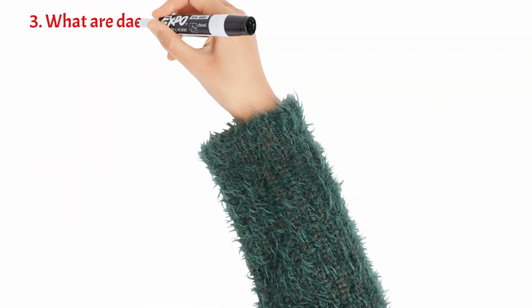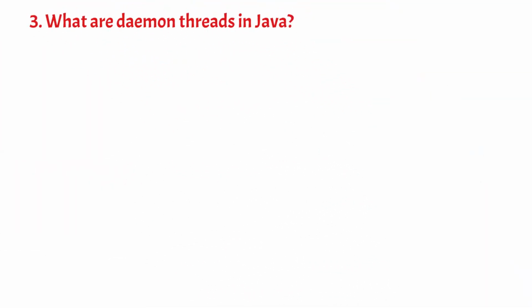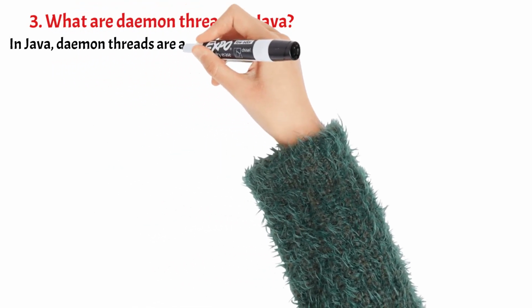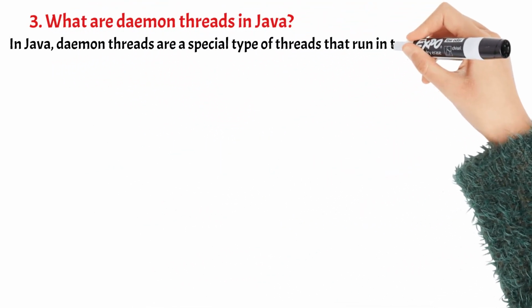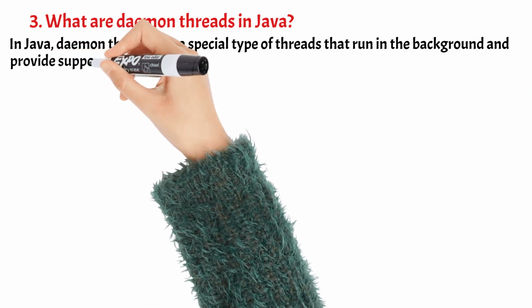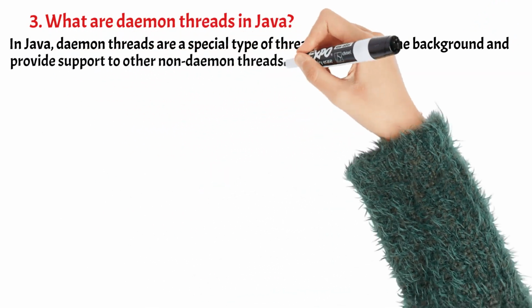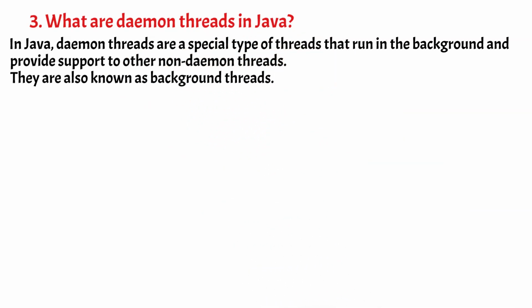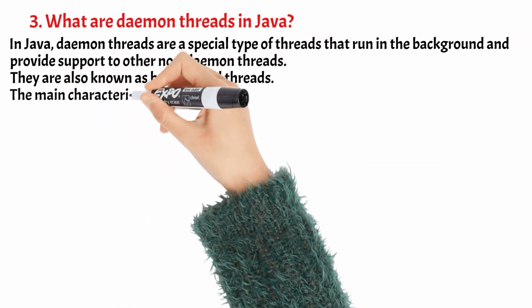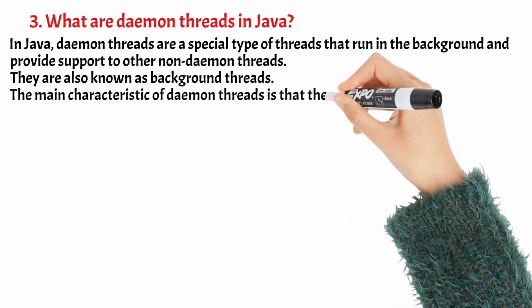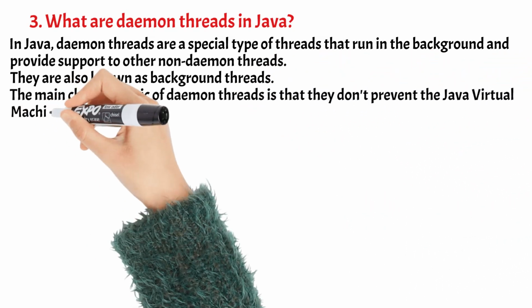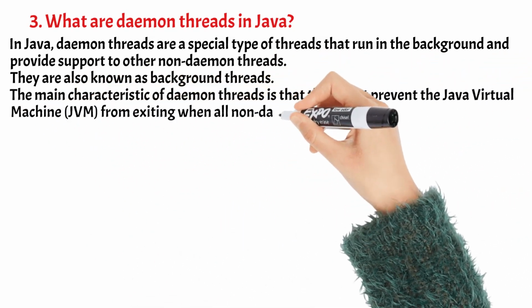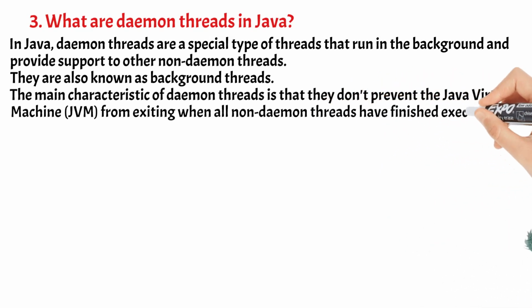3. What are daemon threads in Java? In Java, daemon threads are a special type of threads that run in the background and provide support to other non-daemon threads. They are also known as background threads. The main characteristic of daemon threads is that they don't prevent the Java Virtual Machine (JVM) from exiting when all non-daemon threads have finished executing.